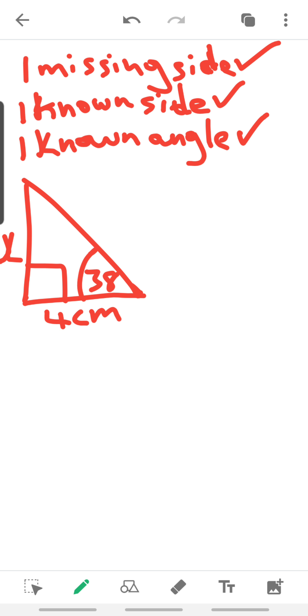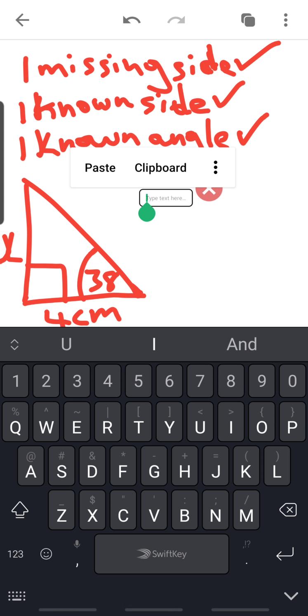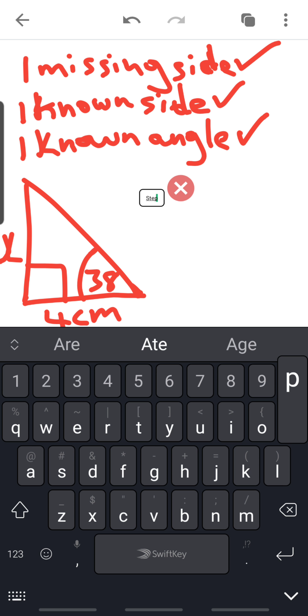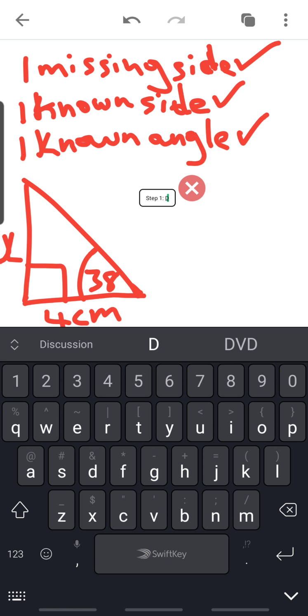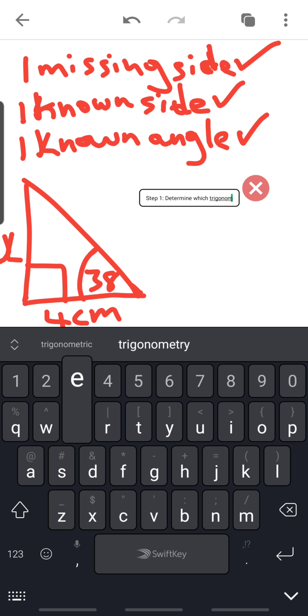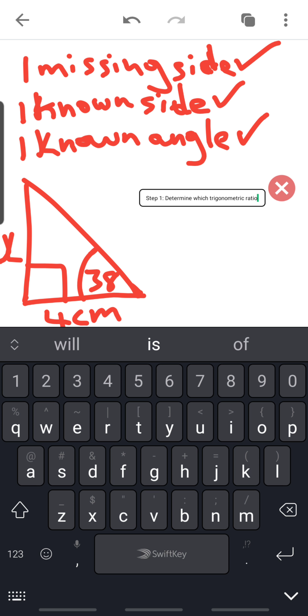So step 1, we need to decide which trigonometric ratio to use. I'm going to write this: step 1, determine which trigonometric ratio to use.